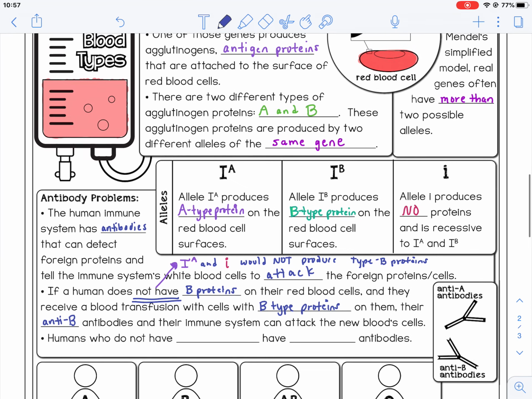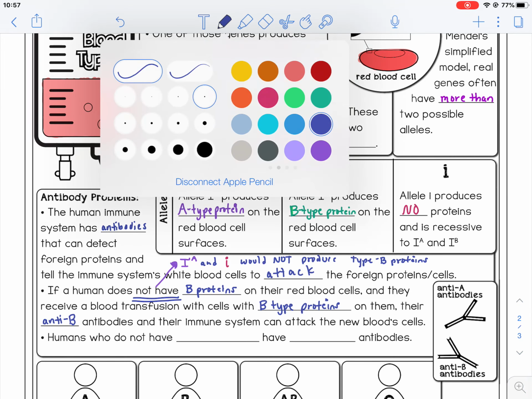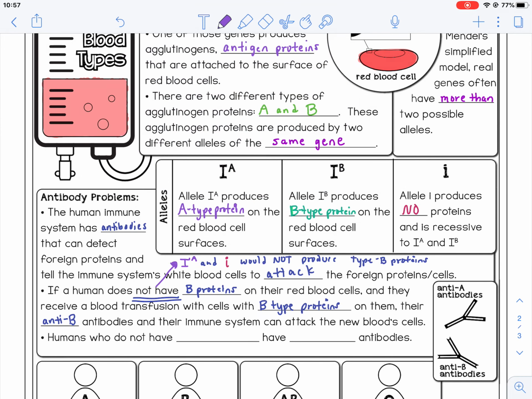The same idea exists with type A. So if a human does not have A proteins, they're going to have anti-A antibodies.